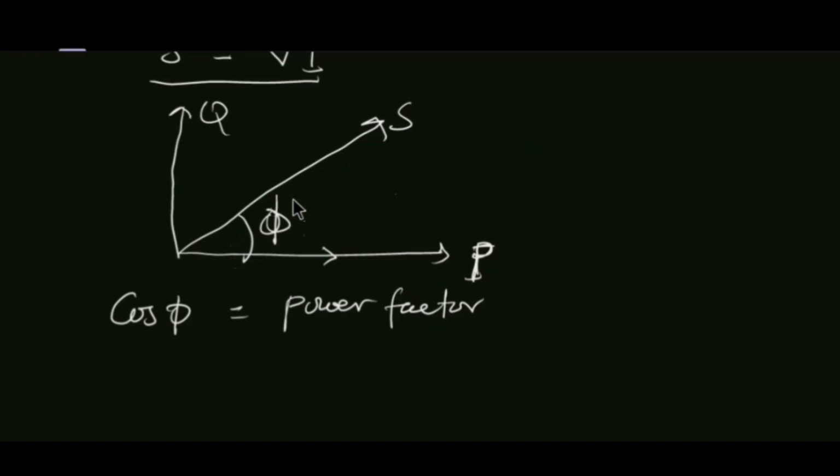So cos of the phase difference between the true power and the total power is what we call the power factor. Now let's see from this diagram. Here is also our Q. You can say that S squared will be equal to Q squared plus P squared, right? Apparent power squared is equal to active power squared plus the reactive power squared.